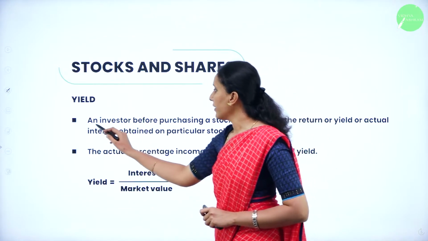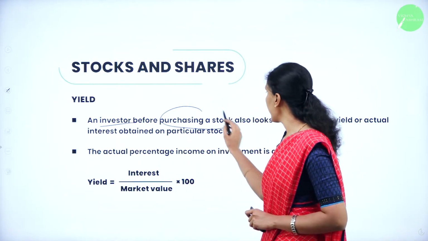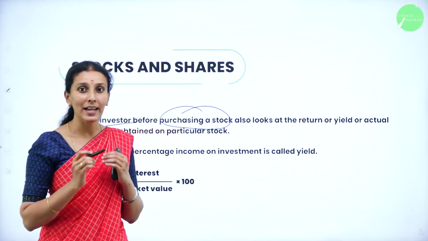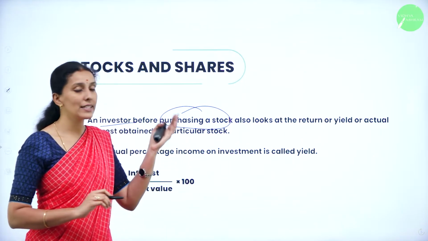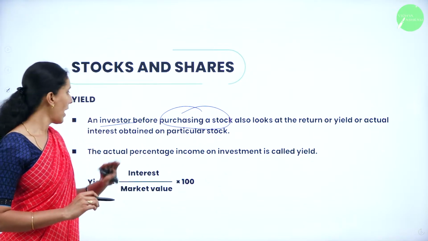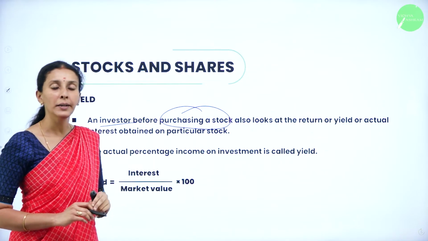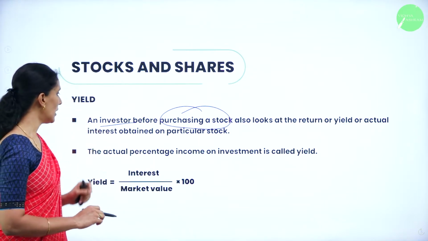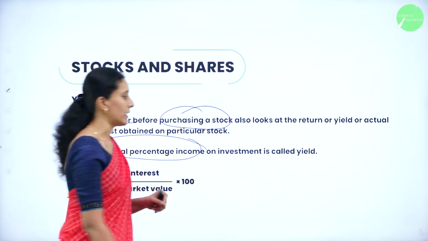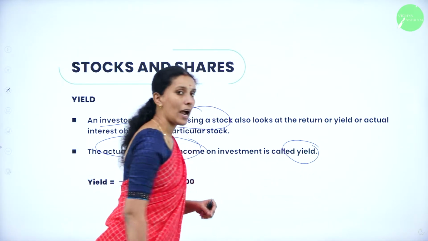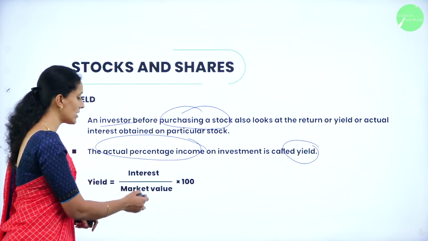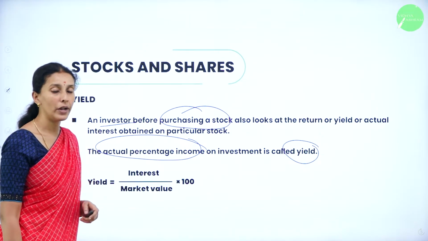The investor, before purchasing a stock, also looks at whether he'll get an income from that or whether he gets a profit from that. That is called yield, or actual interest obtained on a particular stock. So the actual percentage income on investment is nothing but yield, and it is given by the formula: yield is equal to interest divided by market value into 100.